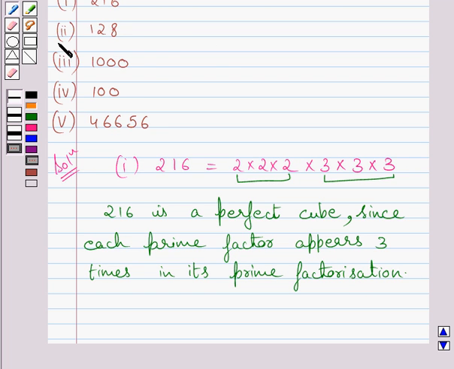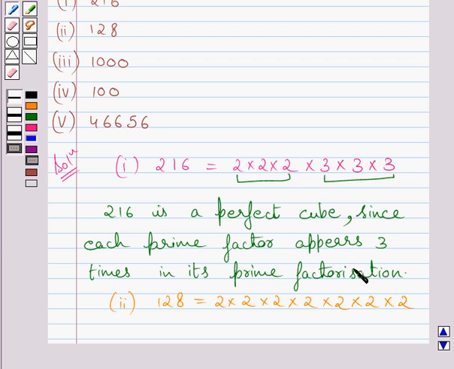Now consider second part of the given question. Given number is 128. Now prime factorization of 128 is 2 multiplied by 2 multiplied by 2 multiplied by 2 multiplied by 2 multiplied by 2 multiplied by 2.